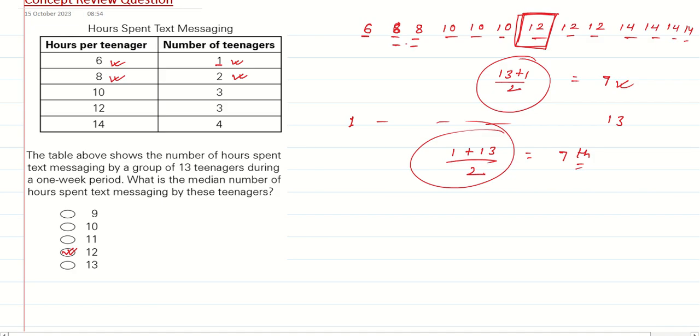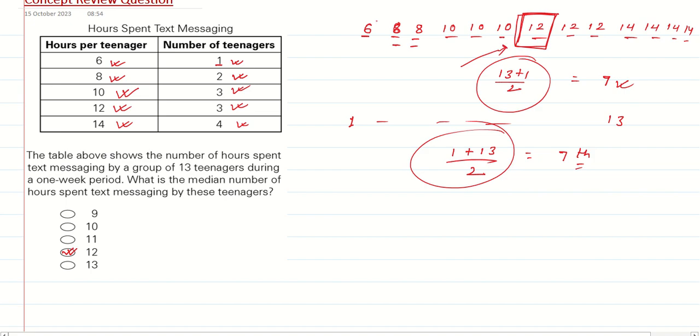They're spending time on messaging. And 10, three times. Why? Because given here, 10 hours, three teenagers. 12 hours, three teenagers. And 14 hours, four teenagers. So we are finding the median number of hours spent text messaging by these teenagers. We are finding the middlemost term, that's all.